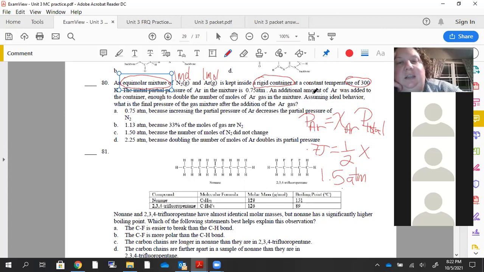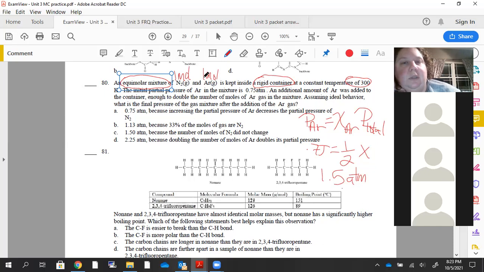If I add in more argon, enough to double the number of moles of argon gas in the mixture, what is that going to change my mole ratio of argon to? It was half of the mixture.